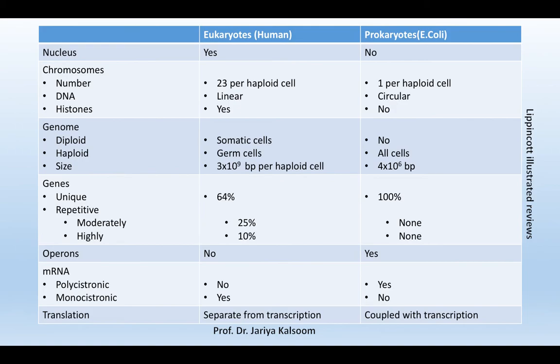Compared to one circular chromosome of prokaryotes, humans have 23 linear chromosomes per haploid cell associated with histone proteins, which are absent in prokaryotes. In prokaryotes, not only is the RNA polycistronic, but translation and transcription take place simultaneously, whereas in eukaryotes, the RNA is monocistronic and transcription and translation are not coupled.